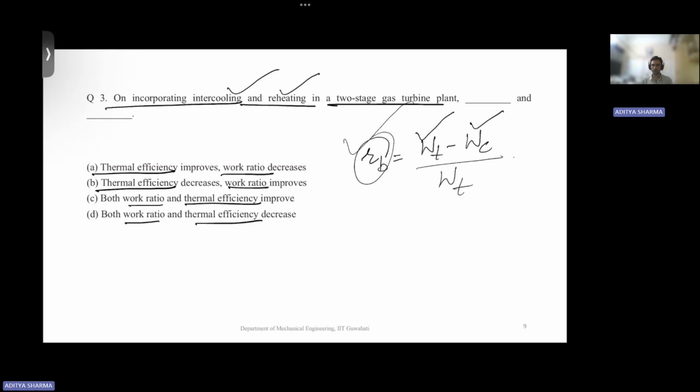I've discussed, when I was discussing reheater, that your thermal efficiency decreases with your reheaters. So in that case, the correct option comes out to be option number B. Okay, so B is the correct answer to this question.